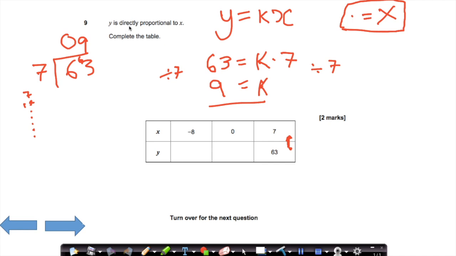So we've found the scalar. We've found the number which makes x and y proportional. So y is whatever x is multiplied by 7, sorry, 9. Y is whatever x is multiplied by 9. We found that k is 9.